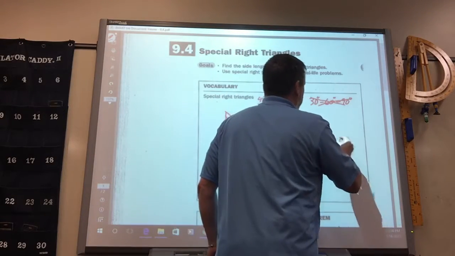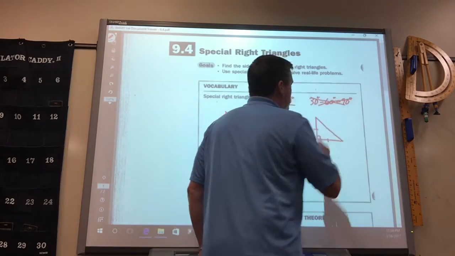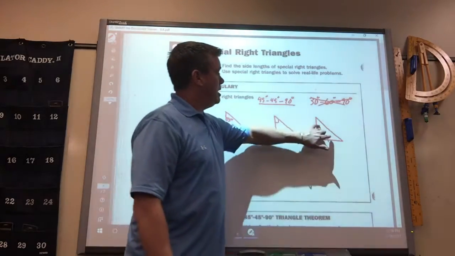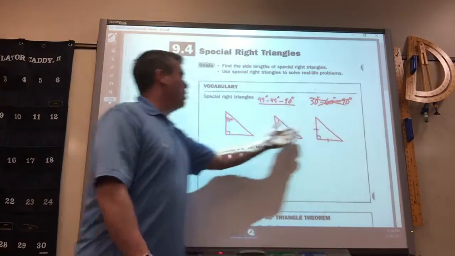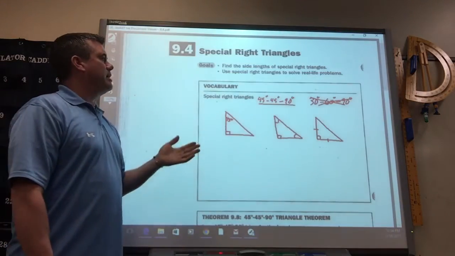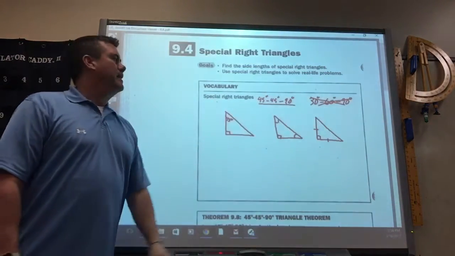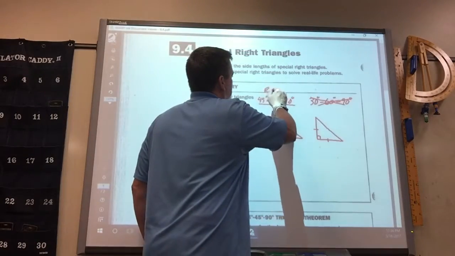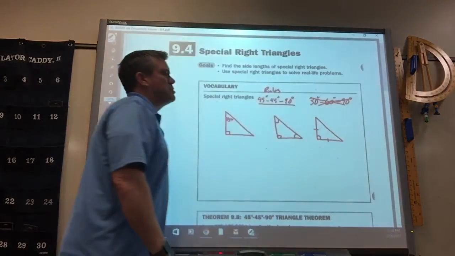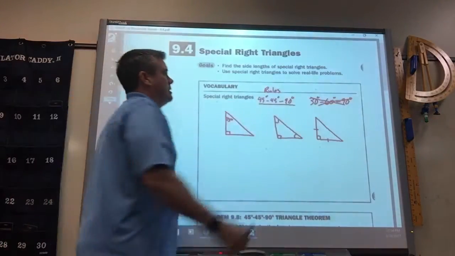And sometimes they'll put that the two sides are the same, which means these have to be 45. So these are the three different ways that they would show it, and you need to recognize that it's a special right triangle.